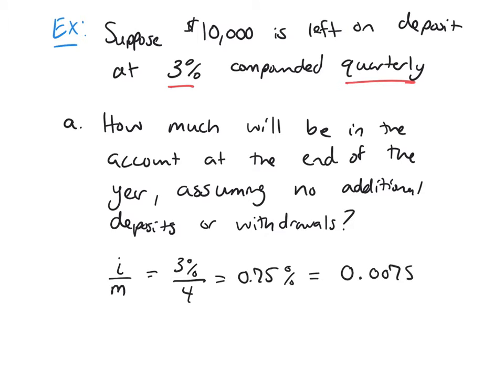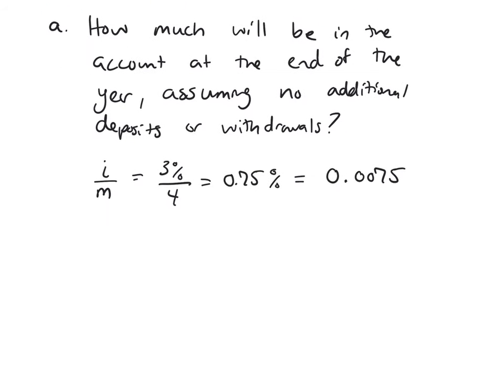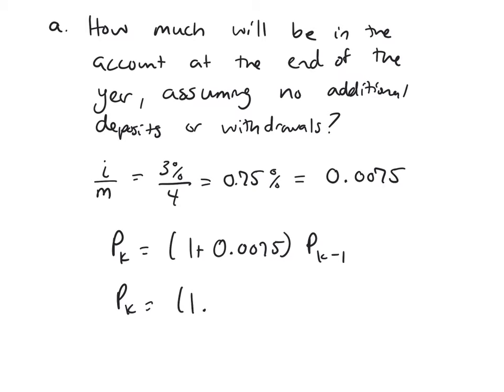Move your decimal place 2 places over, and there's our rate. So then our formula, remember it's 1 plus this rate times P(k-1). So I could simplify that, 1.0075.